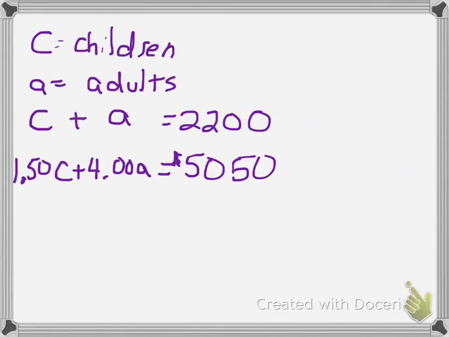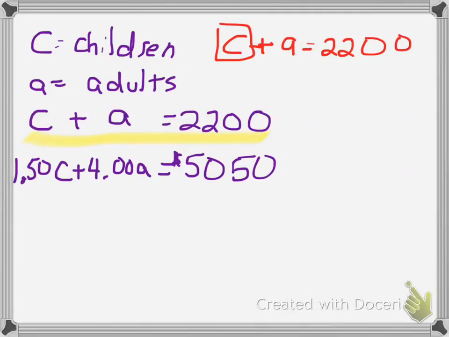And, gang, you can do just about anything you want. Any method will work. What I'm going to do is take this first equation, and I can choose any variable I want to get by itself. So I'm just going to get C by itself. What I would have to do is take box and line it.